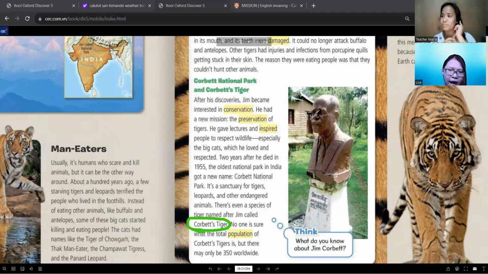He is a tiger killer. Yes, before he is a tiger killer. But now, what is Jim Corbett?